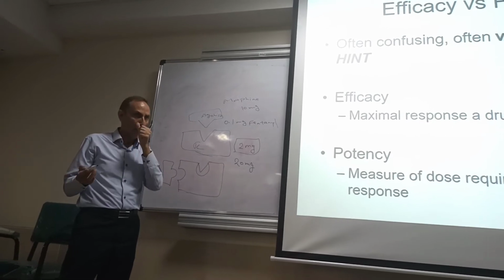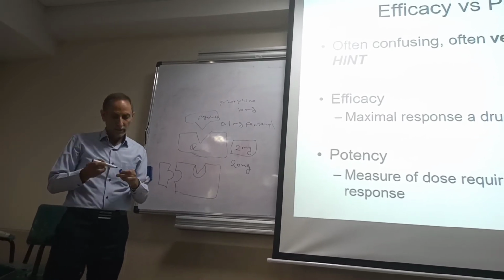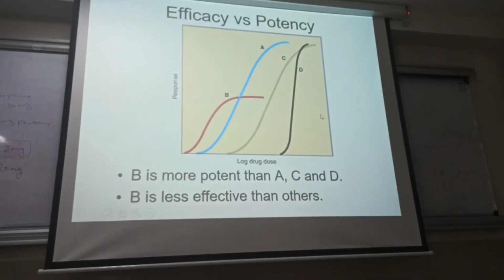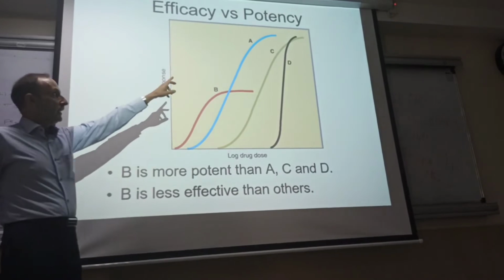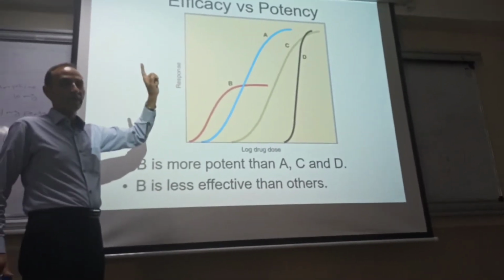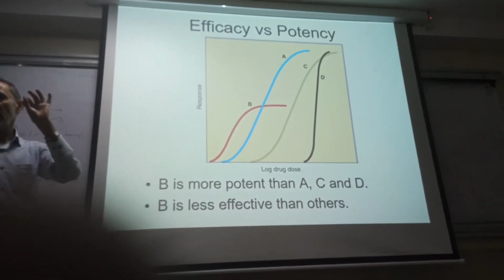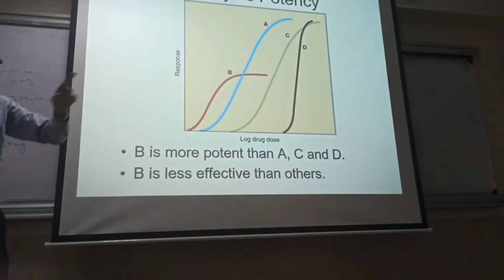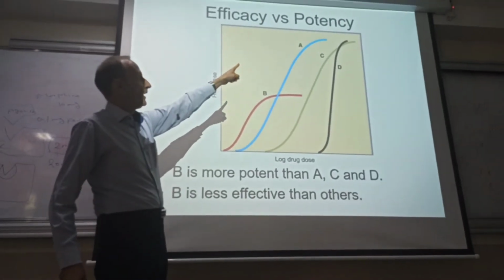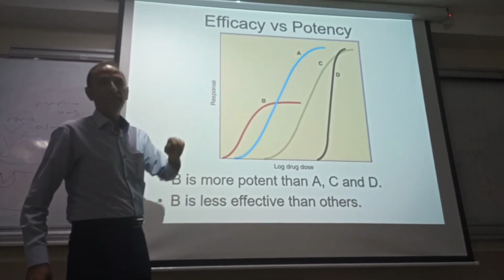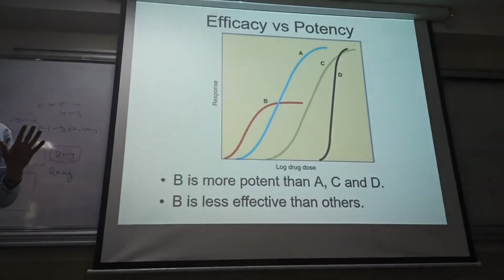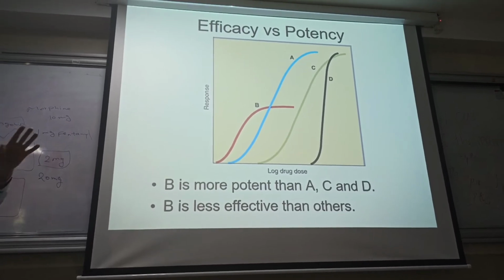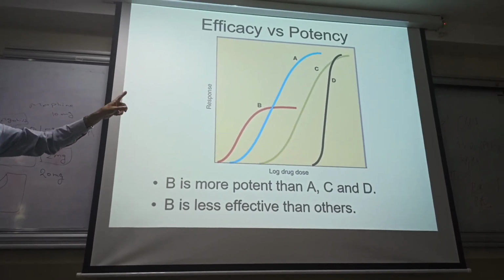Sir, efficacy, what about efficacy? Let's see efficacy. Here we say that the maximum response that is produced by a drug is called efficacy. You see here, A, C, and D have the same efficacy. The maximum response produced is the same.